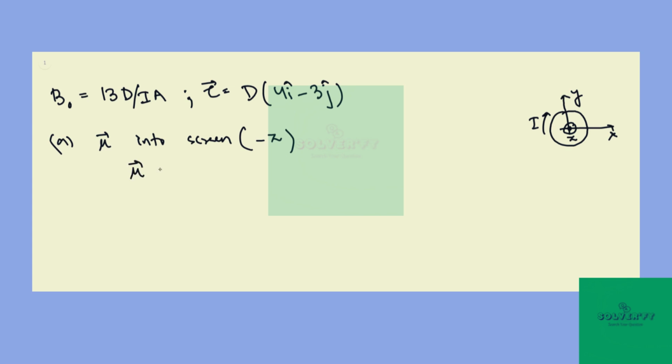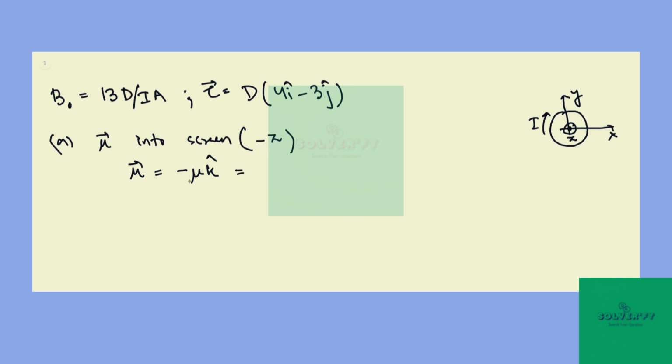So we know that mu is equal to negative mu k cap, where mu is just the magnitude of the vector mu, and the negative sign is due to the direction because the magnetic moment is in the negative z direction.